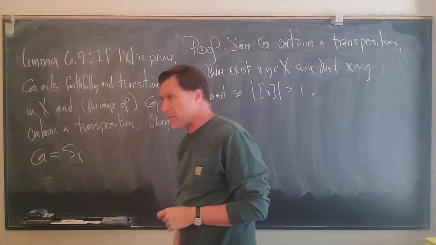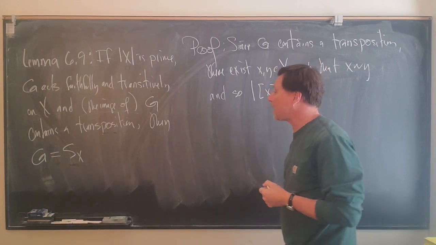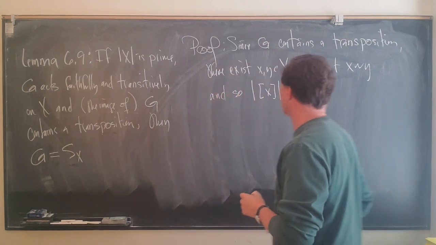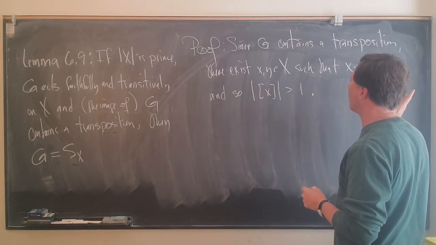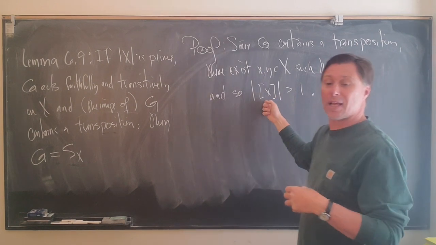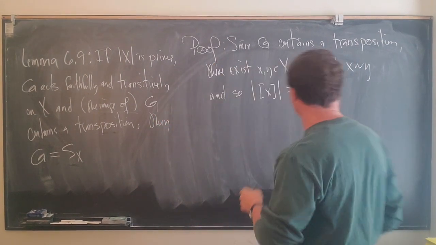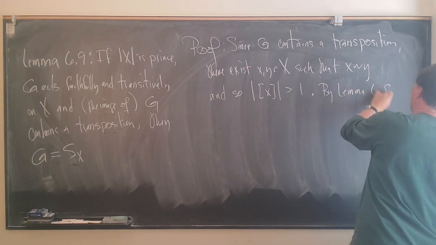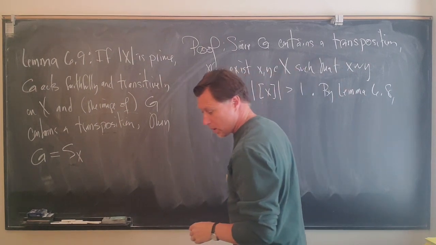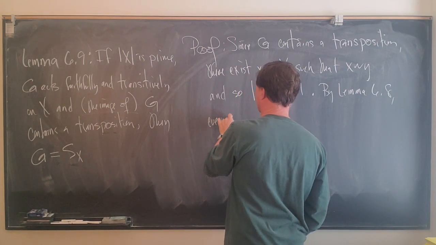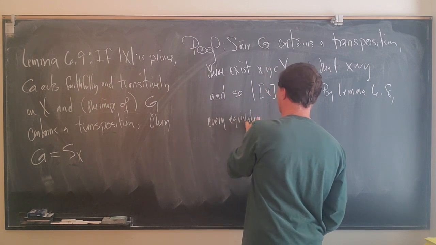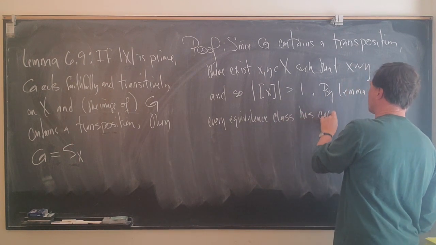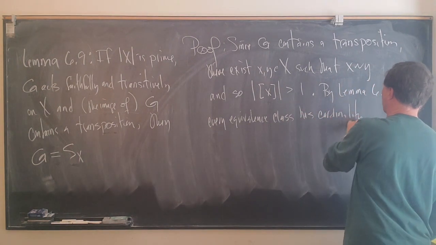Now, if you remember in our last result, that was Lemma 6.8, when we have a faithful and transitive action, each equivalence class has the same cardinality. So by Lemma 6.8, every equivalence class has cardinality greater than 1.